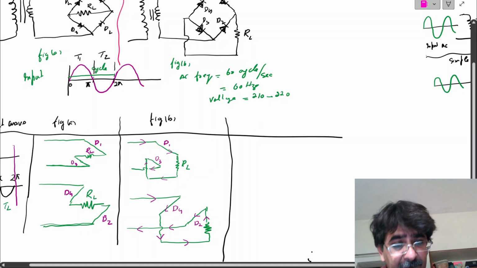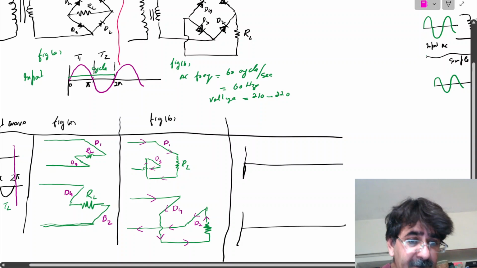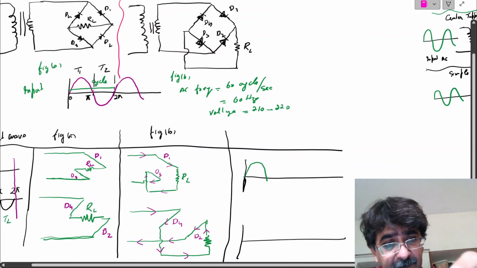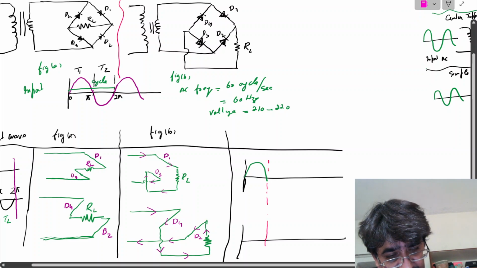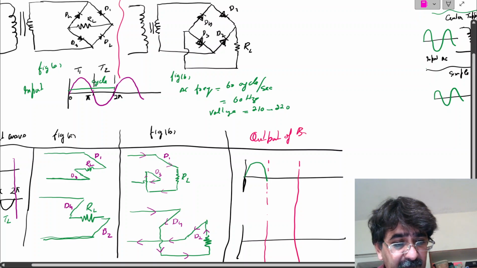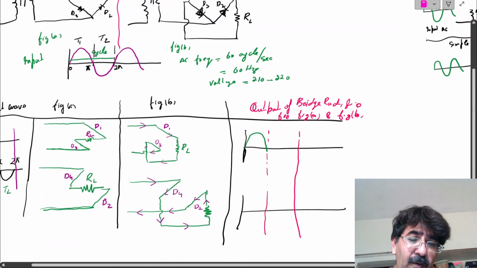For T1, the positive part of the input ripple, 0 to pi, and for T2, the negative part of the input ripple, the output of the bridge rectifier will behave like this, for Fig A as well as for Fig B. This is the equivalent diagram for both, so the output wave for both circuits is the same.